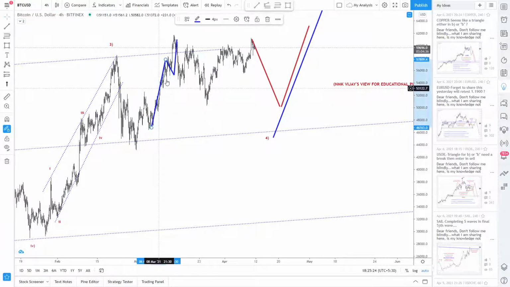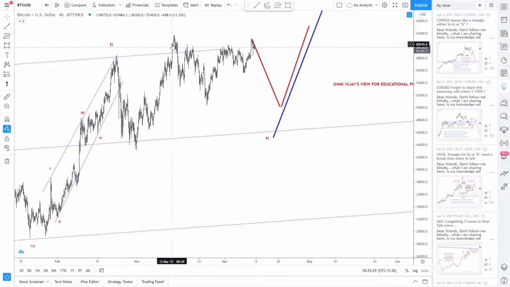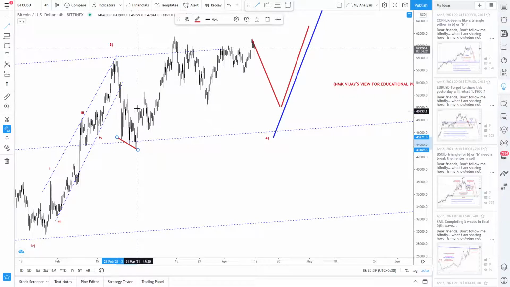What I'm trying to say is it looks like a five-wave structure. So whether there is a corrective part, and this is an ABC, here is also the same, and I said this is looking like an ending diagonal pattern. It could be like this also. So A, B, C, D, E.